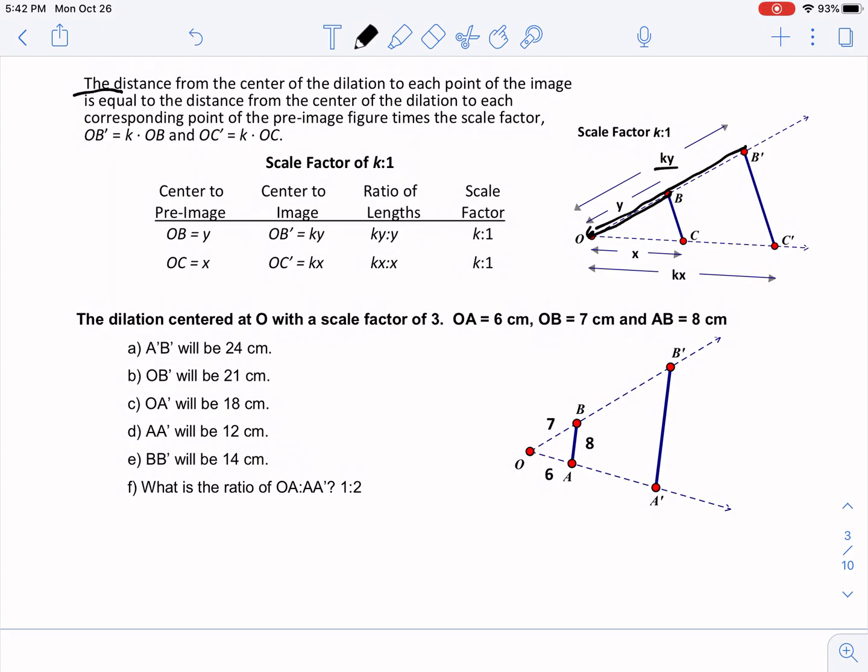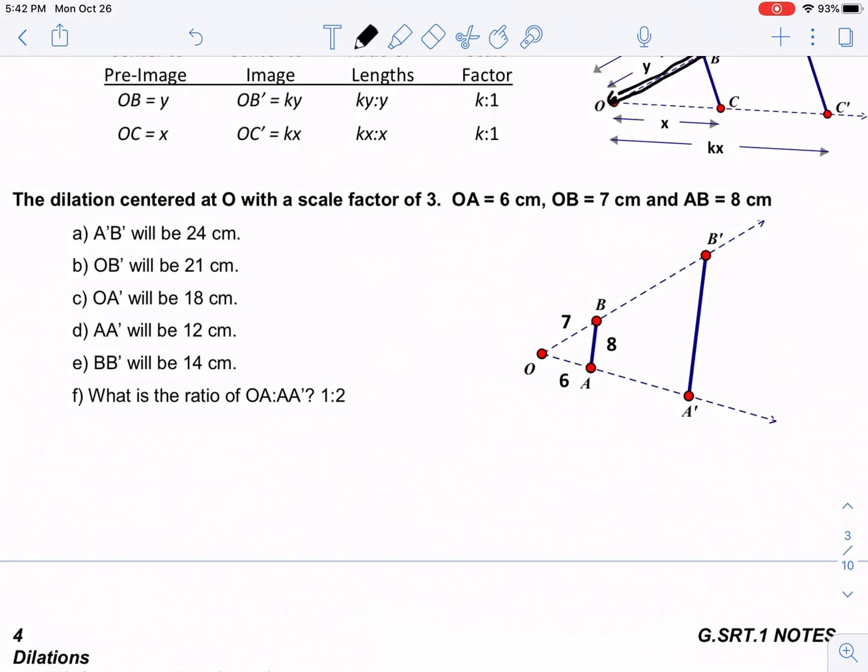So if the scale factor is 3, then the distance would be 3 times as far, okay? So if the distance from O to B, our pre-image, is Y, then the distance from O to B prime would be K times Y, the scale factor times Y.